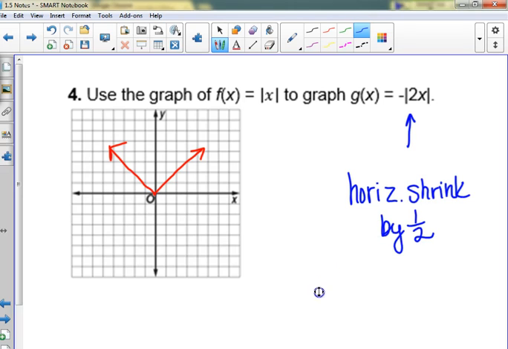And then what's that negative going to do? Yes, reflect over the x-axis. All right, so it's going to go upside down, and it's going to shrink horizontally by 1/2.